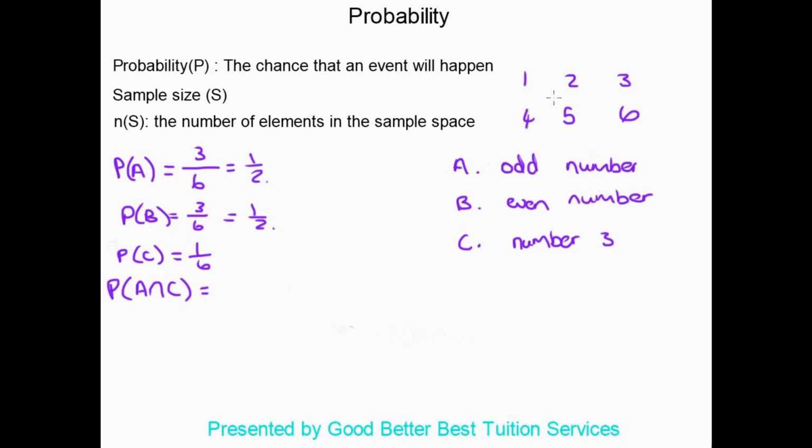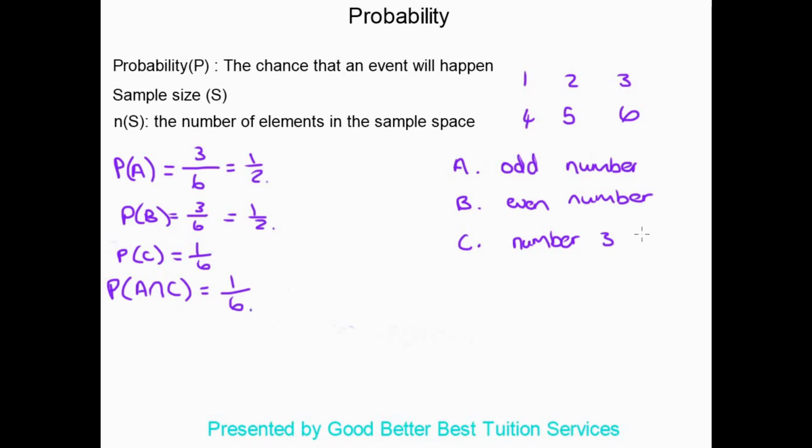And so in this case, obviously our odd numbers are 1, 3, and 5, but because the rules are combined, it has to be the number 3, okay? And so if we say that it has to be the number 3, that means that we'll only have one possible outcome that we can deal with. So this means that the probability of event A and event C happening is 1 over 6, okay?